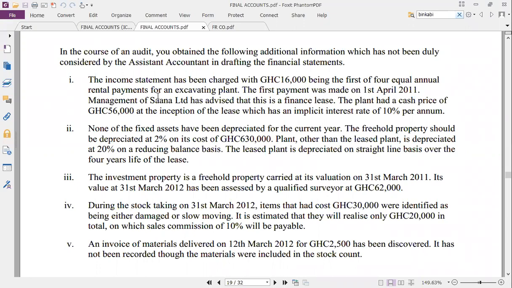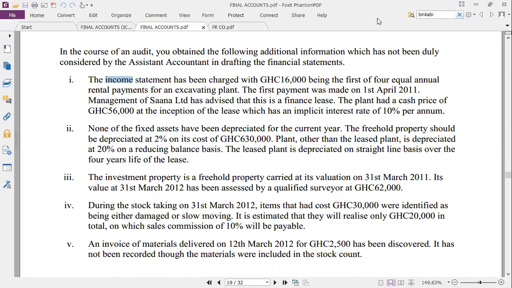So now the lease. According to IFRS 16, the rental payments are not an expense. So you can't charge the income statement, so it's totally wrong. The first thing you have to do is to reverse it immediately. So let's reverse it.